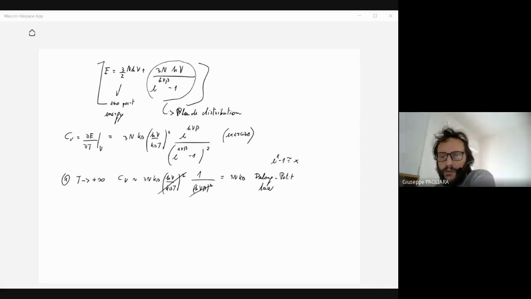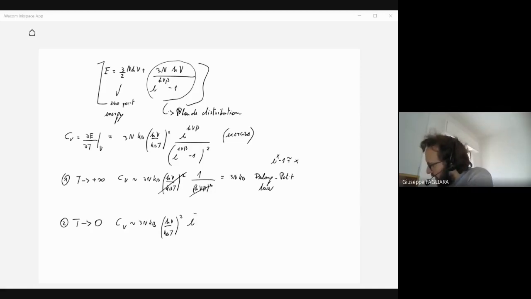But actually the correction from quantum mechanics, which we see now in a moment, will modify the behavior of the heat capacity at small temperature. Indeed, if T now approaches 0, the exponential actually will explode, and therefore we will have that Cv scales as 3N kB, and then I have h nu divided by kBT squared, and then an exponential of minus h nu beta.